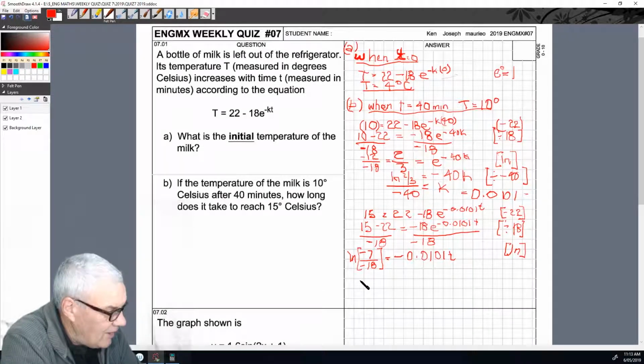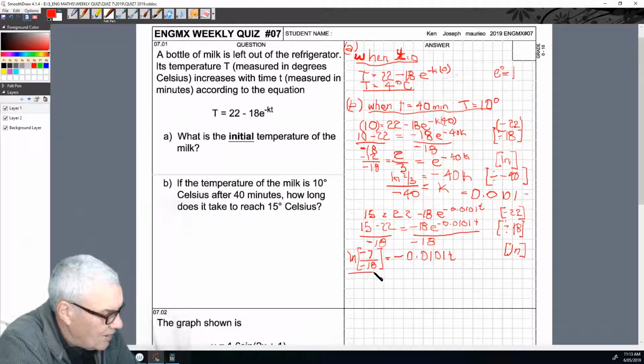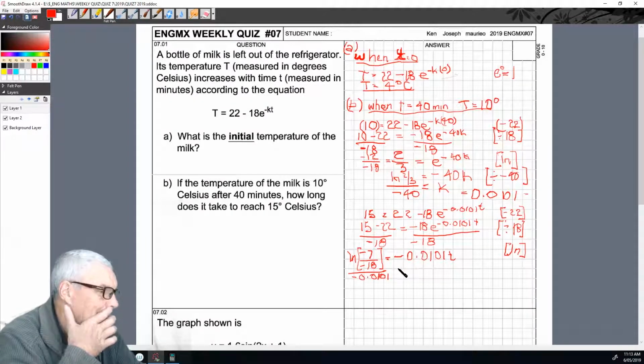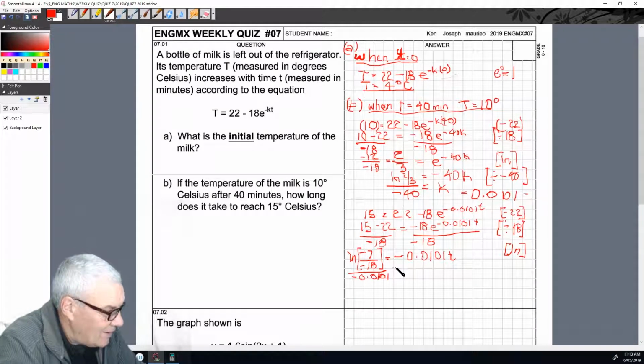So what we do now is divide through by negative 0.0101, and that equals t.